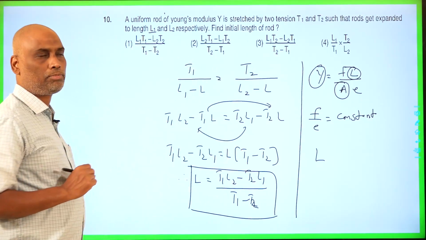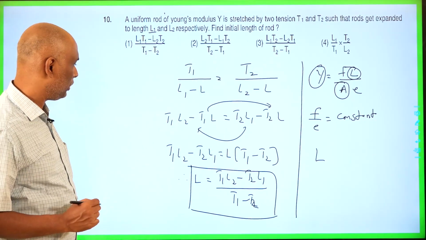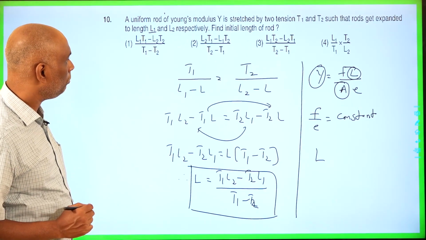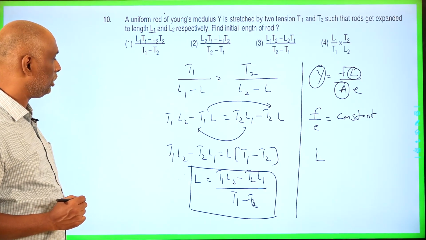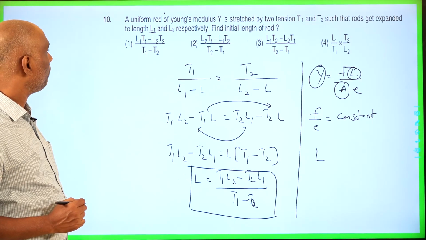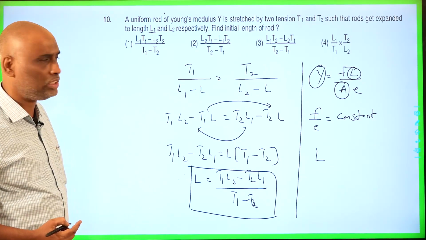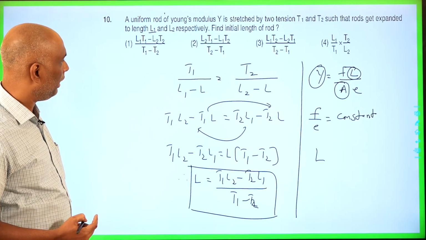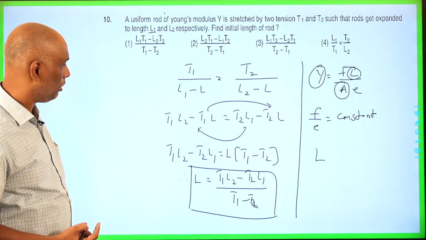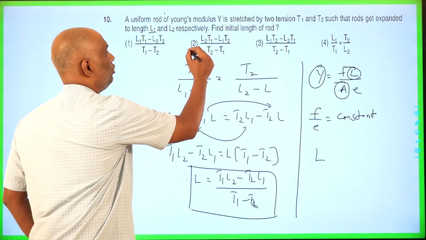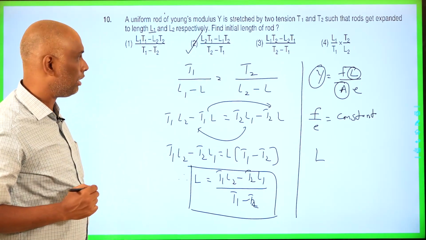So, if you look at the options, T1L2 minus T2L1 divided by T1 minus T2 should be the option, or else T2L1 minus T1L2 divided by T2 minus T1 also should be the option. So, I can say this should be the option here, second option.